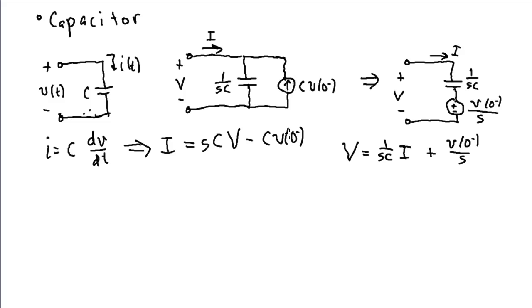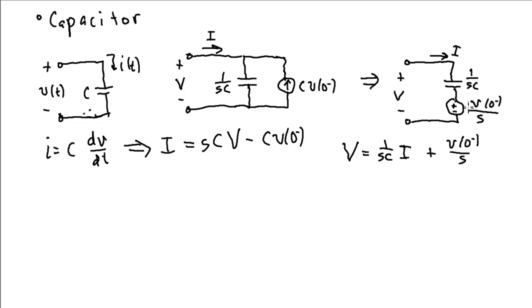So in that case, if V0 minus is 0, we would erase this source, and we would just see the capacitor.